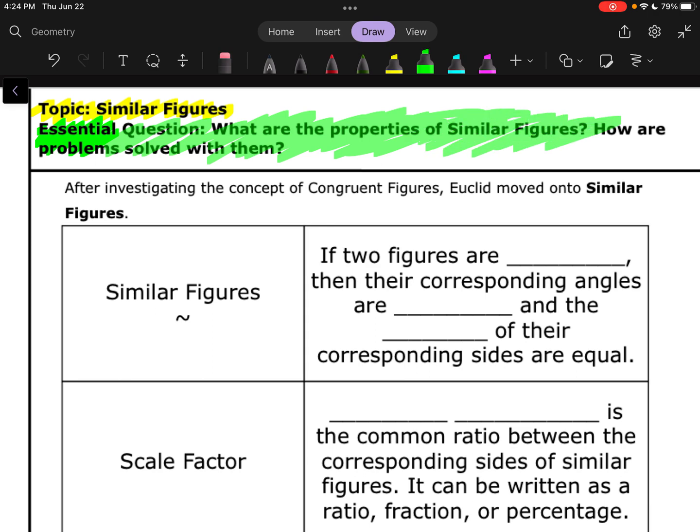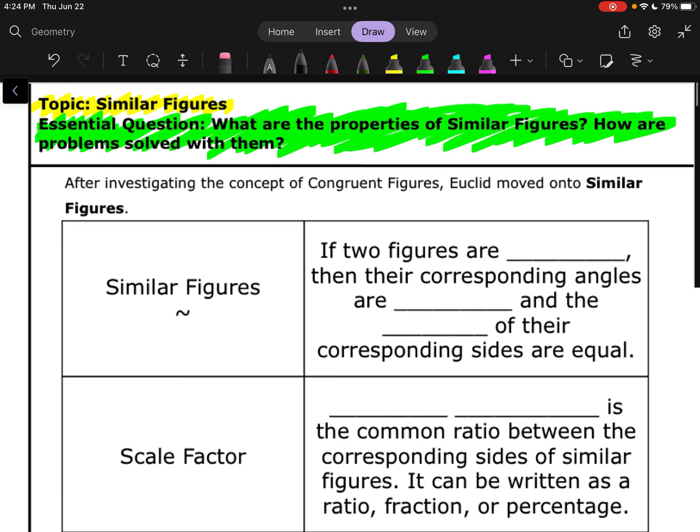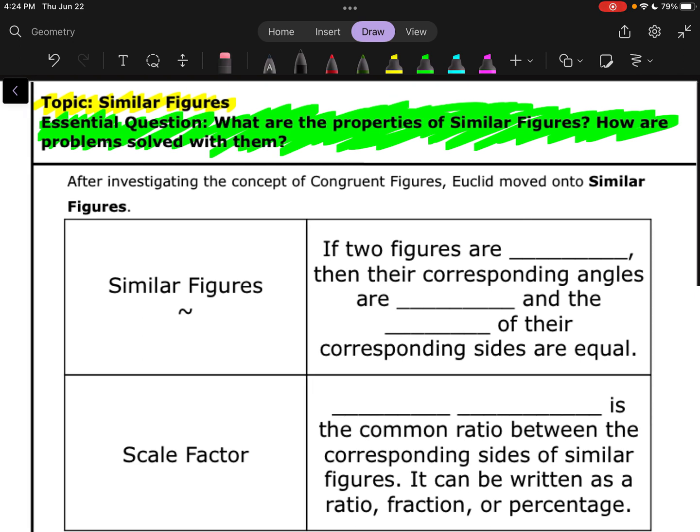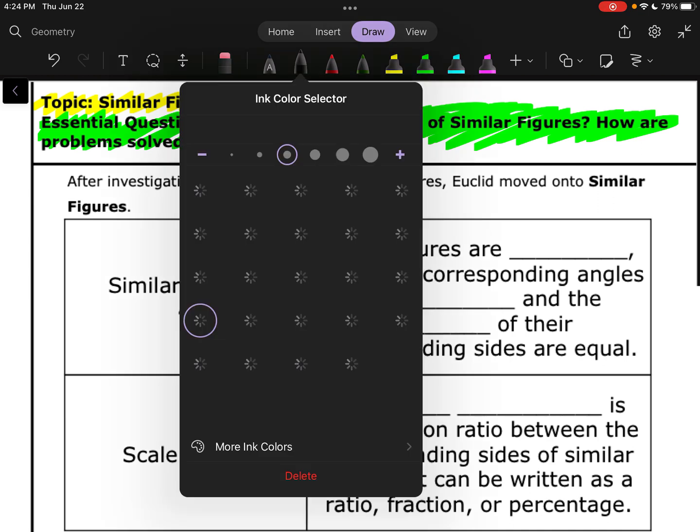So last video we left off with our ancient mathematician friend Euclid investigating congruent figures and proving triangles to be congruent and using CPCTC and all that stuff. And so where we're moving now, it says after investigating the concept of congruent figures, Euclid moved on to similar figures.